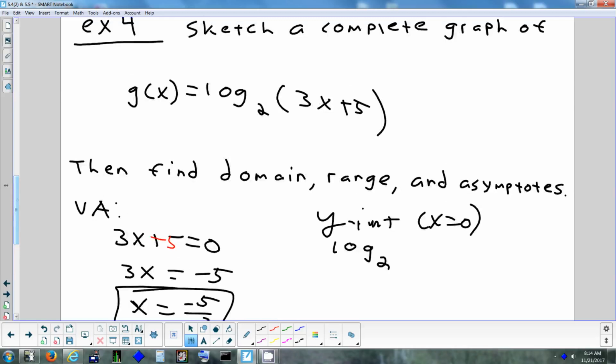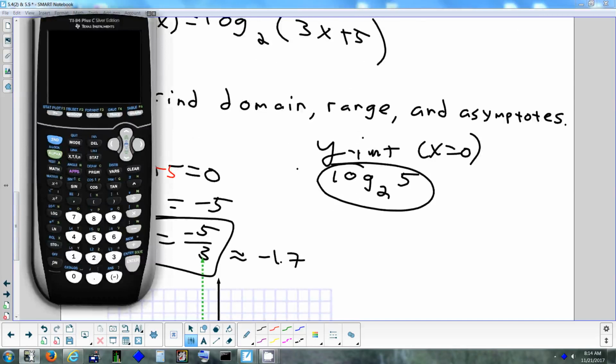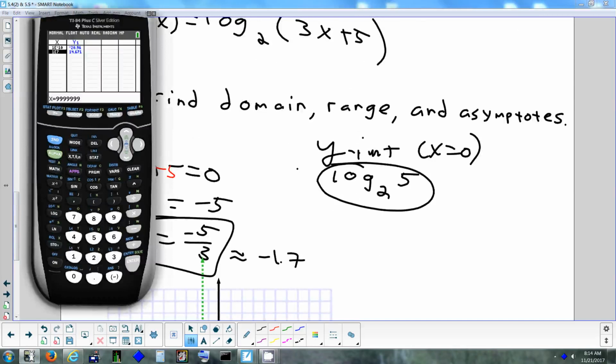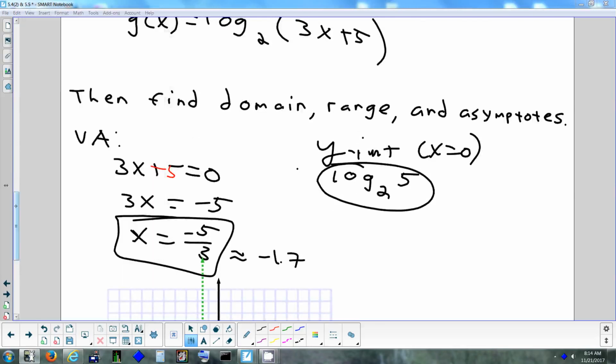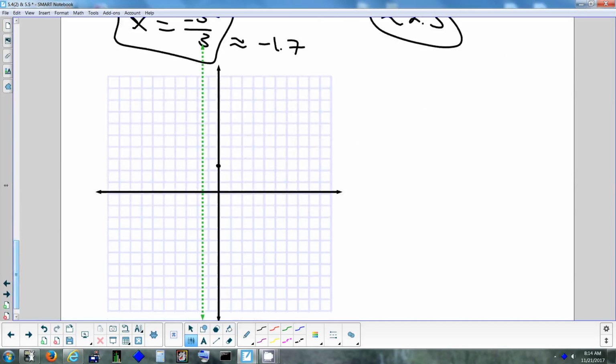So log base 2 of 5. That I definitely need a decimal so I can graph it. So log 5 divided by log 2. Okay, so we get about 2.3. Okay, so this is going to cross the y-axis at 2.3.